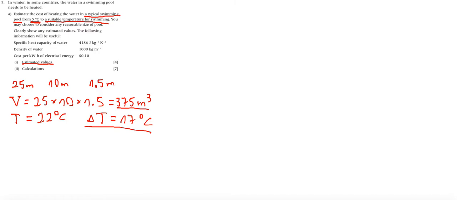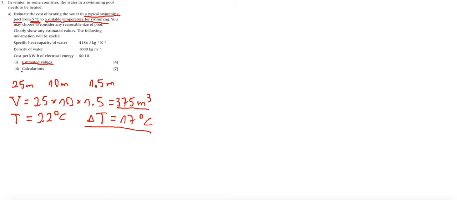Normally water evaporates, but our assumption is that this water doesn't evaporate. Another assumption concerns the walls of the swimming pool being heated up. My assumption is that the walls are not heated up, and only the water takes thermal energy from the heating system. Okay, so calculations.